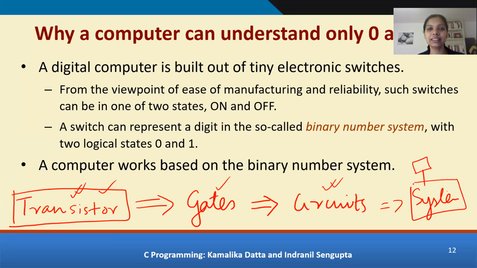A digital computer is built out of tiny electronic switches, and these tiny electronic switches are built using transistors. You apply a certain voltage, depending on whether it is a p-type transistor or an n-type transistor, which of course you have studied in physics.